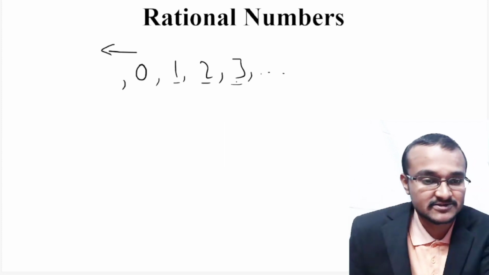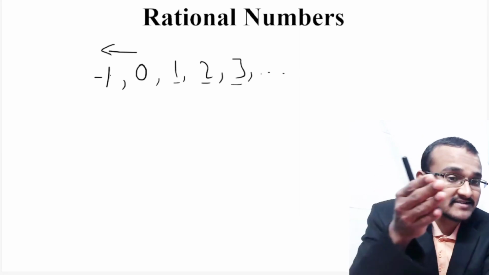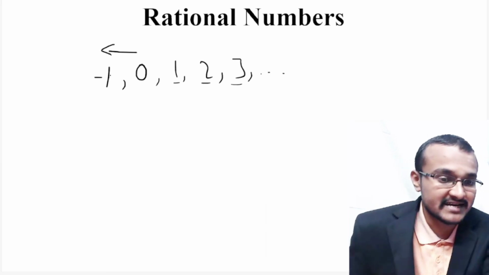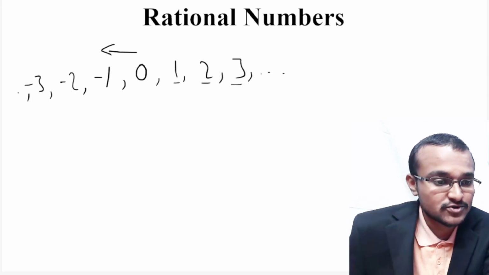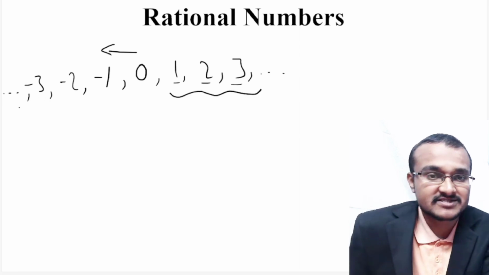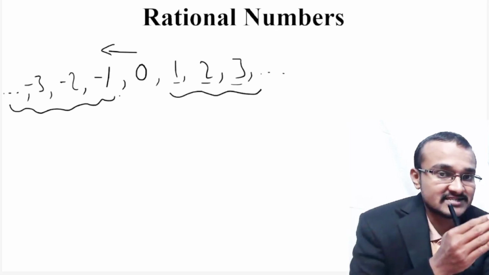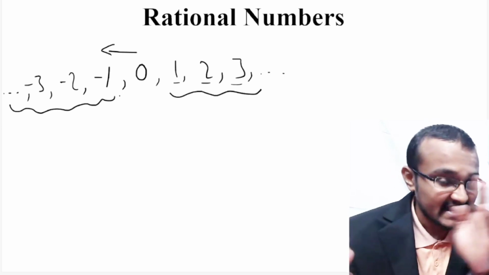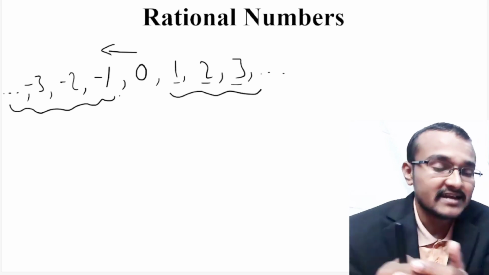Before 0 it starts from minus 1, and goes on: minus 1, minus 2, minus 3, till minus infinity. Just like we have positive numbers after 0, similar negative numbers will be behind 0.